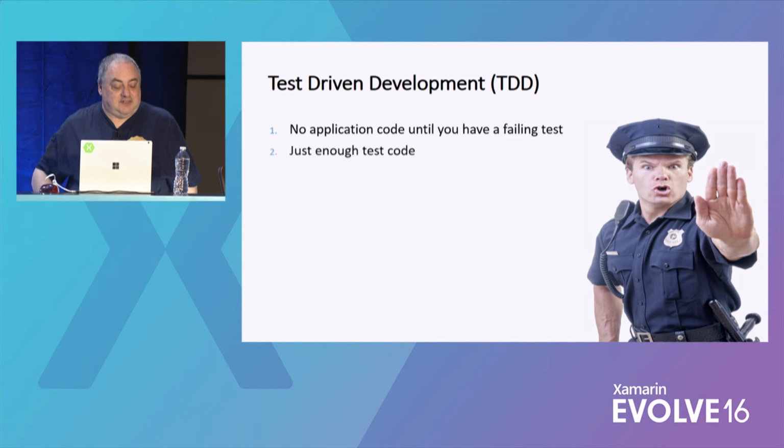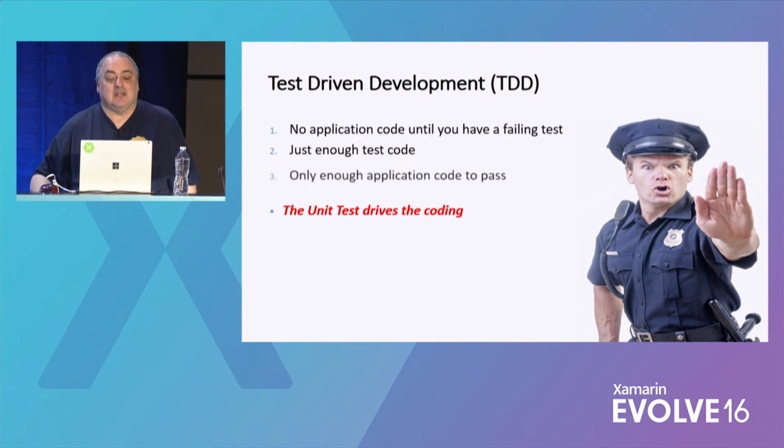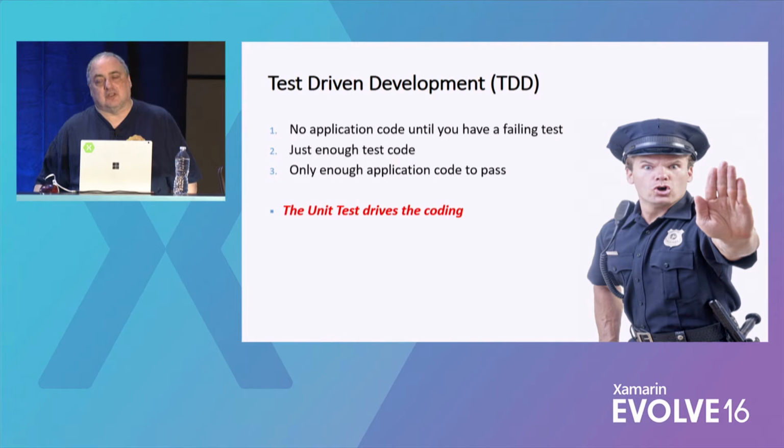The second is that you write just enough test code to test one thing. And then you write just enough application code to make your test pass. And I'll reinforce the idea once again because it'll really take a few times for it to make sense, that it's the unit test that drives the coding in test-driven development.